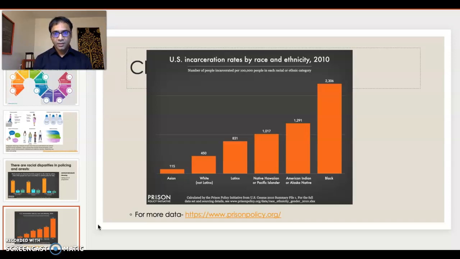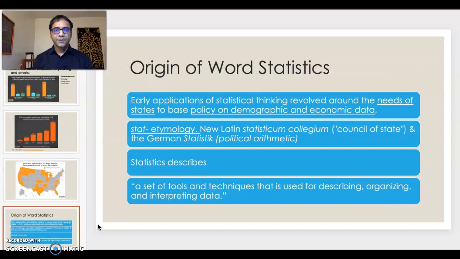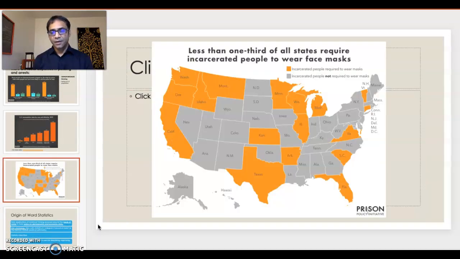American Indians are second, then Native Hawaiian or Pacific Islanders, then Latinx and white people who are not Latinx, and Asians are the lowest represented. This is another way of interpreting or projecting data, where you can see that less than a third of all states require incarcerated people to wear face masks during this COVID situation. These are just samples of data projection which are important to understand what is happening around us in the social and behavioral world.